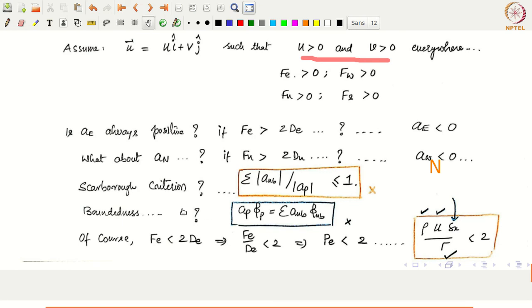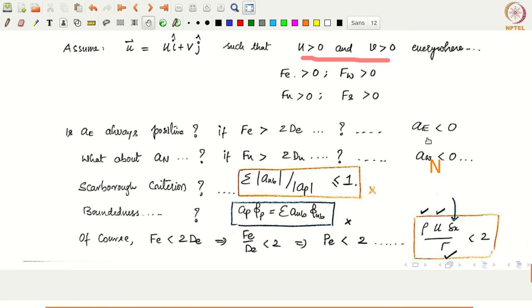What about boundedness? Boundedness is also not satisfied, because now some of the A and B are negative. Only if you have all positive quantities, the phi p value will lie between all the phi and b's, right? So your Scarborough and boundedness are not going to be satisfied. As a result, you cannot solve for this if your coefficients become negative.